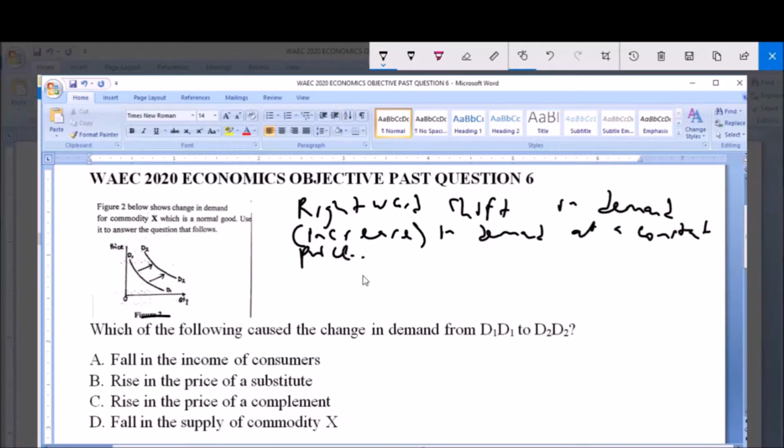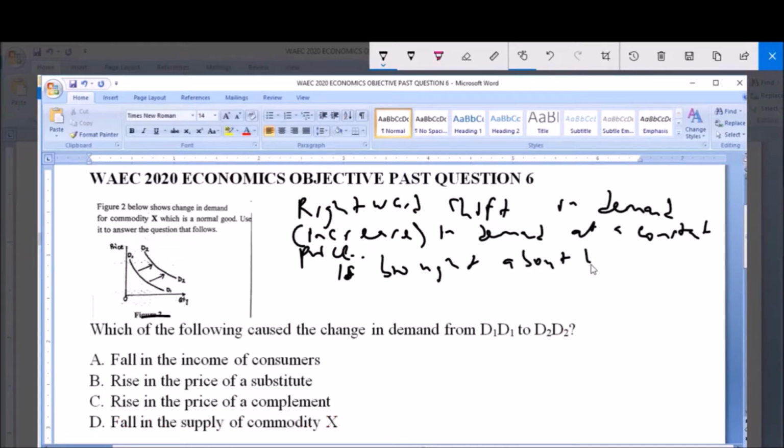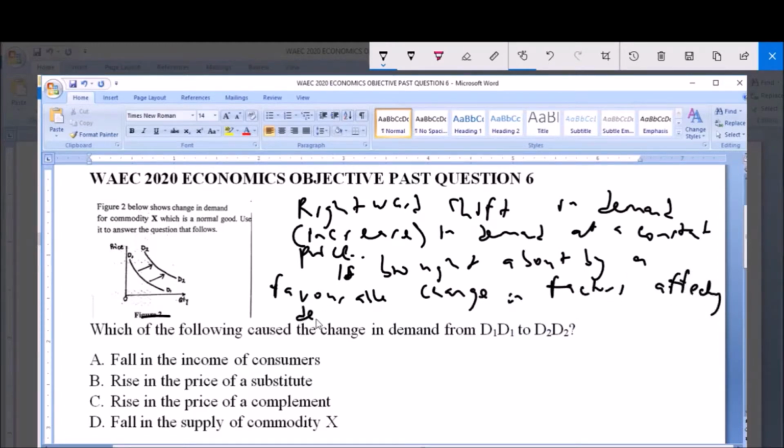So we are asked what could be the cause of such a change, such an increase in demand. Now in this case, the increase in demand is brought about by a favorable change in factors affecting demand aside from the price of the commodity.